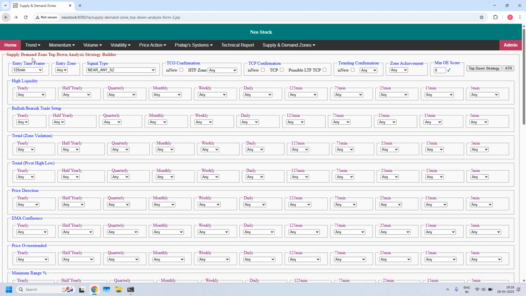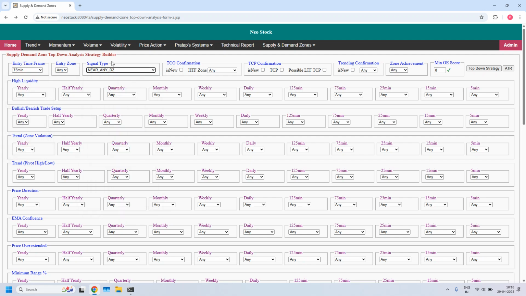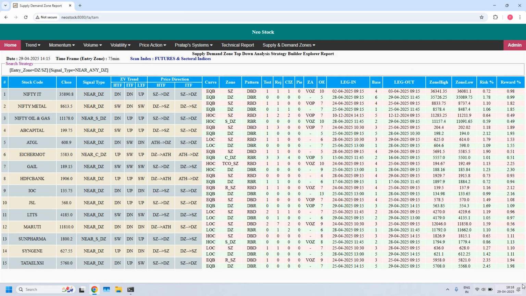Okay, next time frame is 75 minutes. Entry time frame 75 minutes. Let us find the stocks near to the 75 minutes demand zone. We got 15 stocks. Let us identify high liquidity zones from this list.